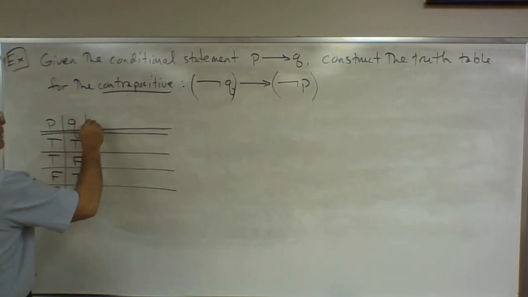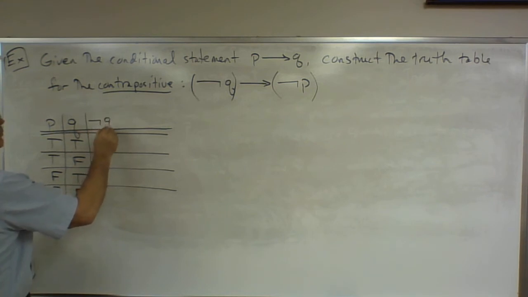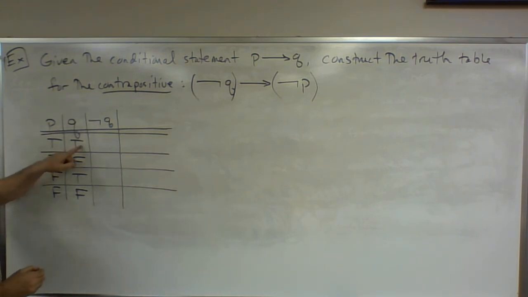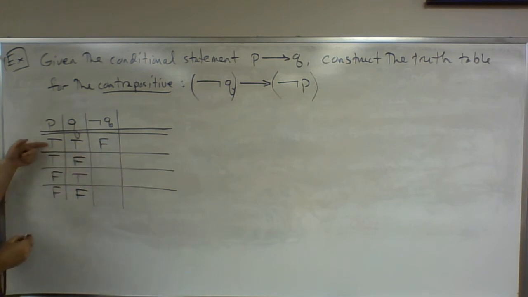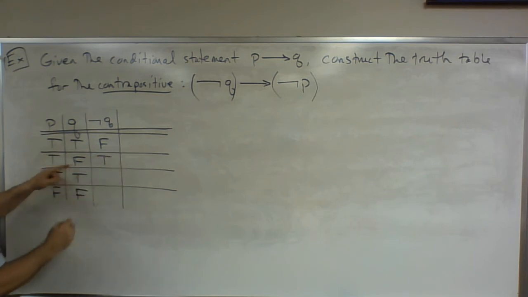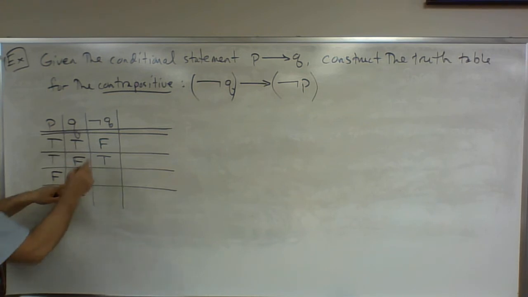So let's say not Q. When Q is true, not Q is false, and the truth value of P has nothing to do with the negation of Q. When Q is false, not Q is true, and the fact that P is true has nothing to do with the truth value of not Q. When Q is true, not Q is false.